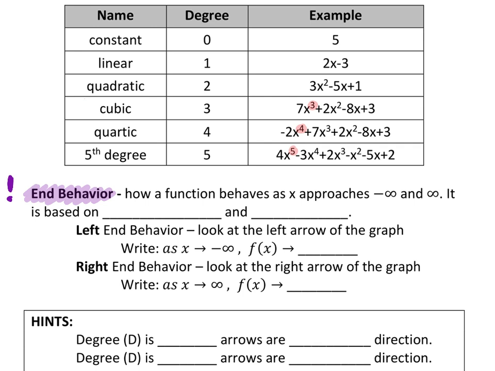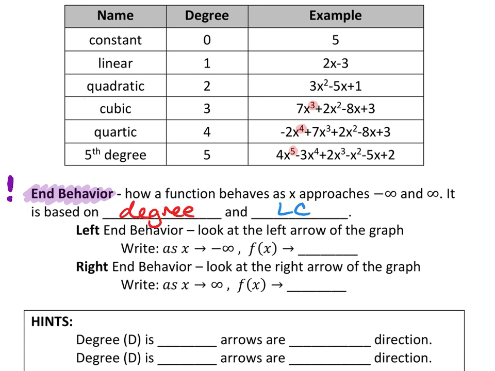End behavior describes how a function behaves, or the direction it goes, as x approaches negative and positive infinity. It is based on the degree of the polynomial and the leading coefficient of that polynomial. So you only need to know its degree and the leading coefficient, and you're able to answer the end behavior question. End behavior itself is not confusing.